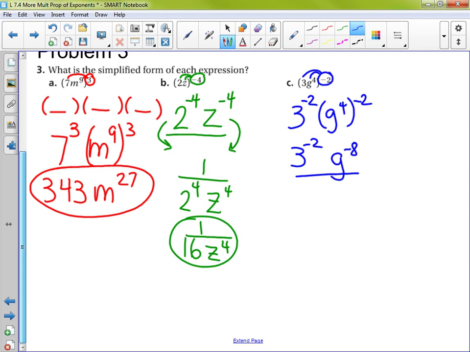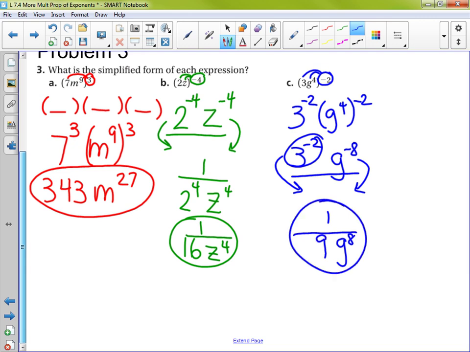These are negative exponents, so I can move them down below the fraction and make them positive. So it's 1 over g to the negative 8 becomes g to the positive 8. And at the same time, as I move it, I'm going to calculate what 3 to the second is. It's 9. So 1 over 9 g to the 8th.